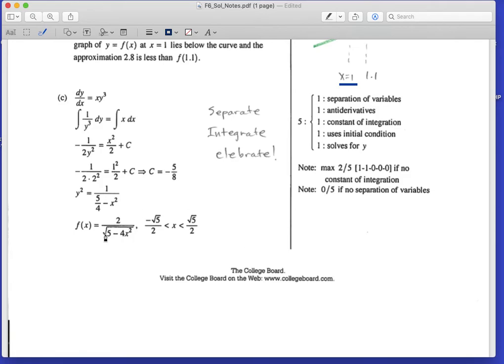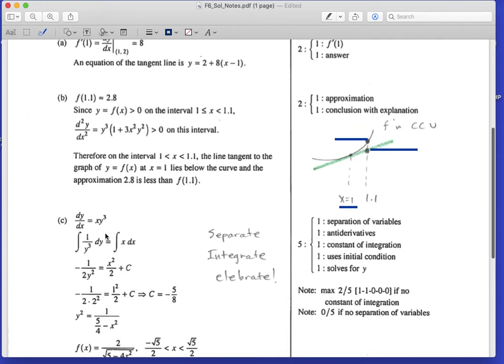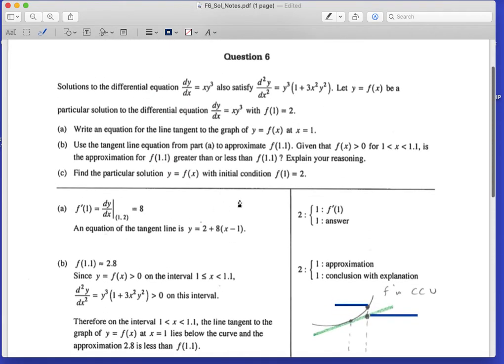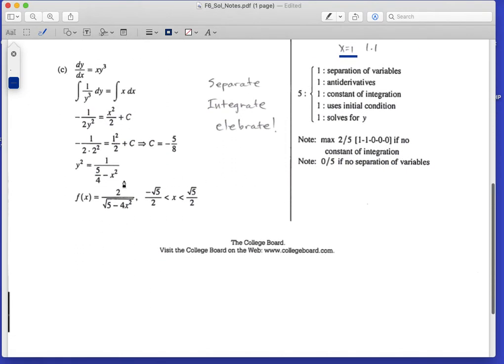So now, which one do we use, the plus one or the minus one? For that, you look again at the initial condition. If f of 1 is equal to positive 2, well, if I put 1 in here, there's only one way that that's going to equal positive 2, and that's if I use the positive solution, not the negative solution. So it is the positive one.